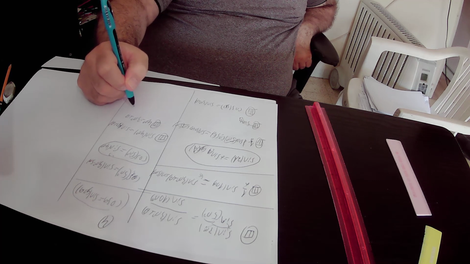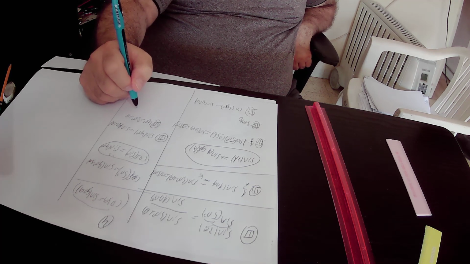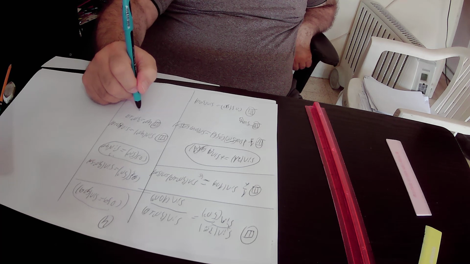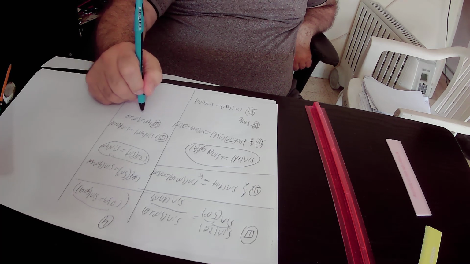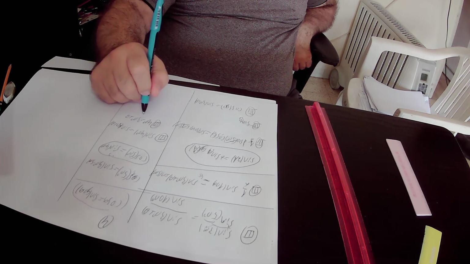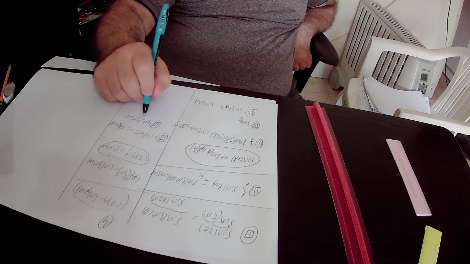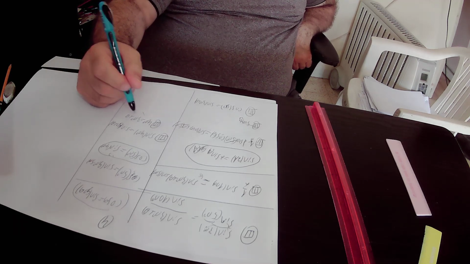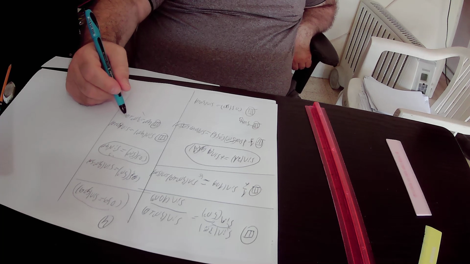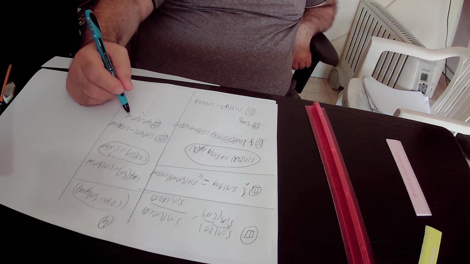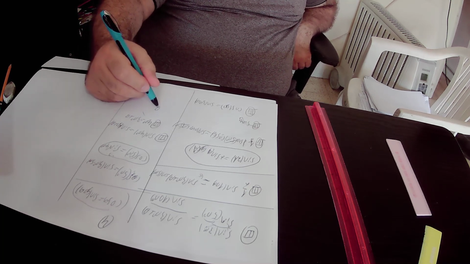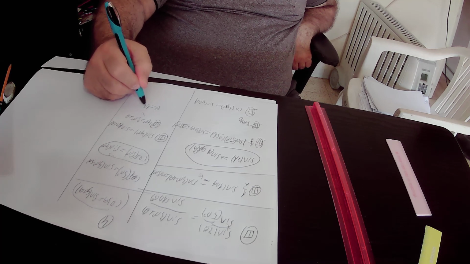Here we will subtract 30 degrees from this equation, and we get that angle theta equals 10 degrees.